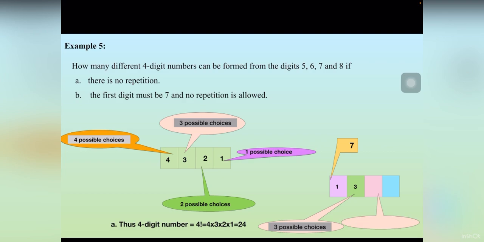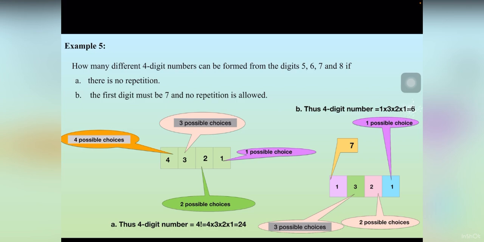The third box has 2 possible choices because 2 are already taken, and the last one has 1 possible choice. So if 7 must be the first digit, we have 1, standing for this 7, times 3 times 2 times 1 equals 6.